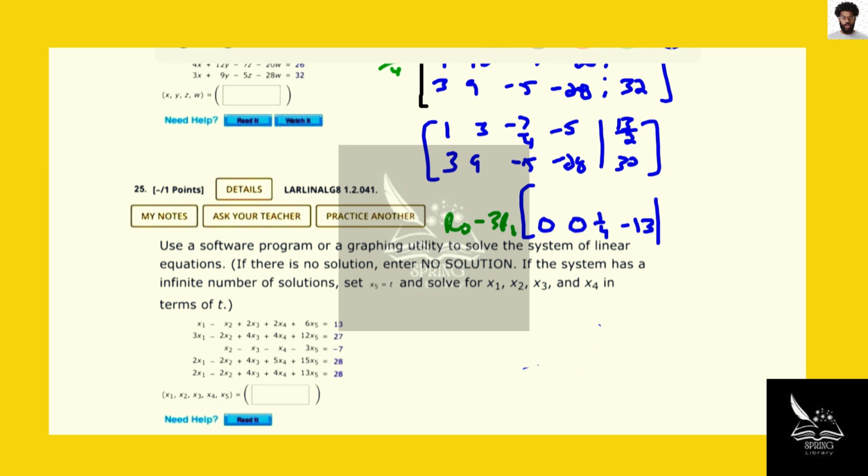And we'll have 32 minus 3 times 13/2, or 32 minus 3 times 13 is 39, and 32 would be 64/2, and 64 minus 39 is 25/2.